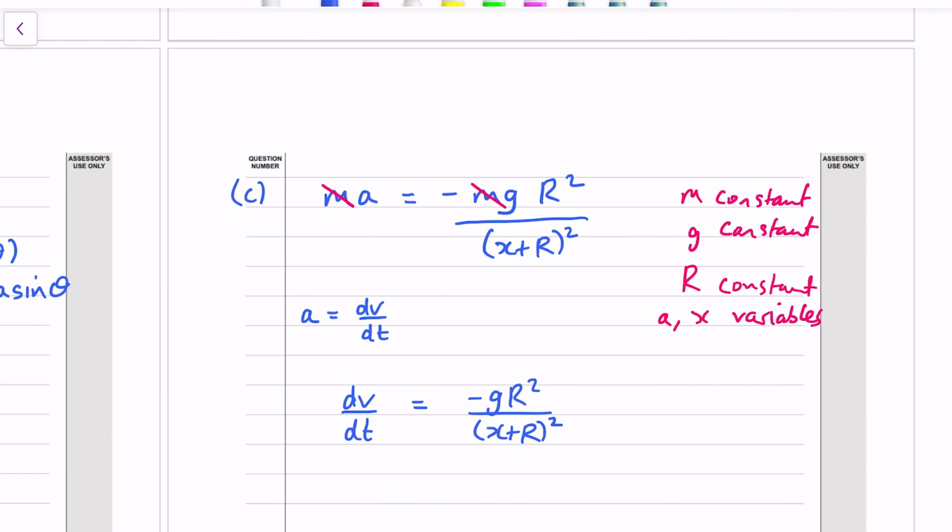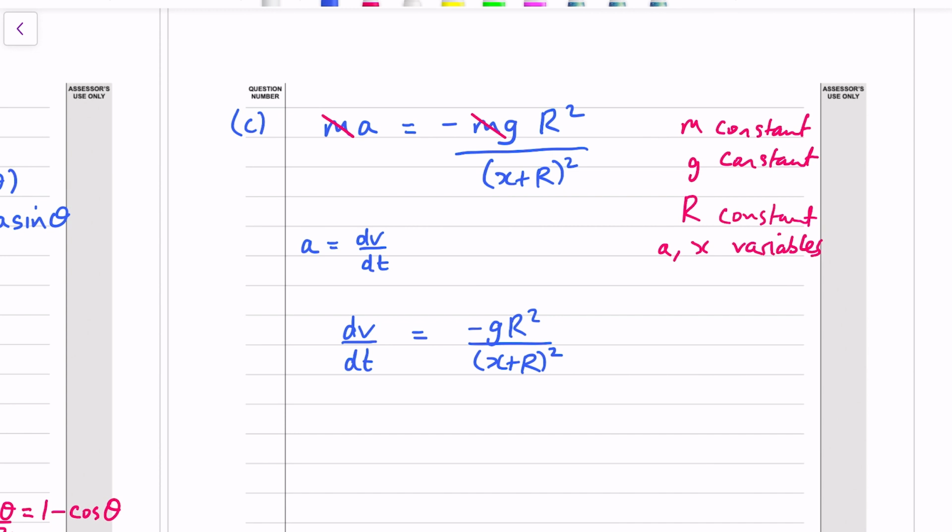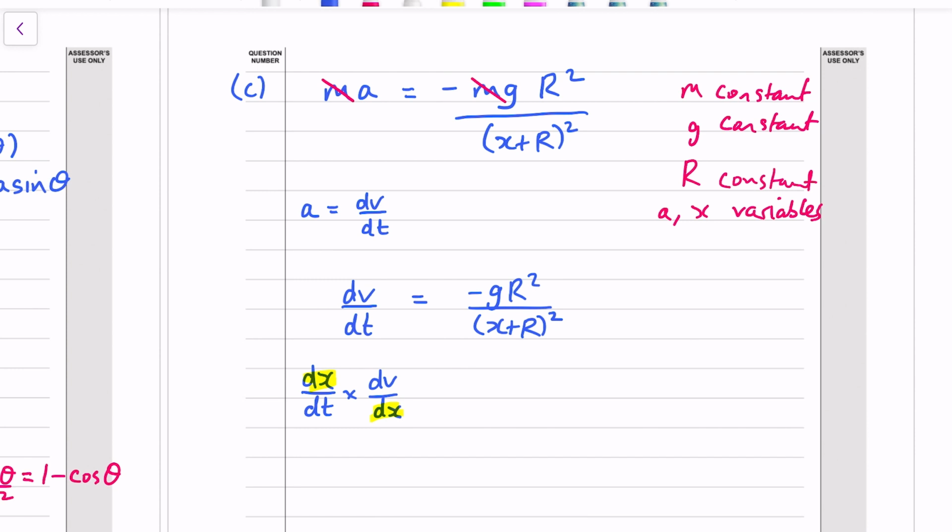You actually need to realize that dv dt is dx dt times dv dx. The reason I've done it this way, I've used related rates, but I want to bring the x into the problem. And dx wasn't there to begin with on the left hand side. The other sneaky thing is dx dt is actually v.